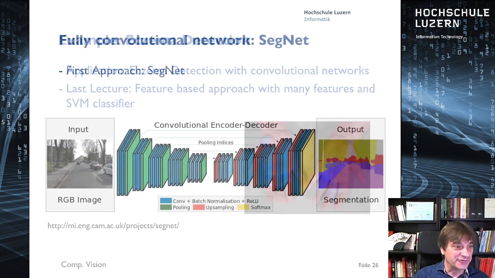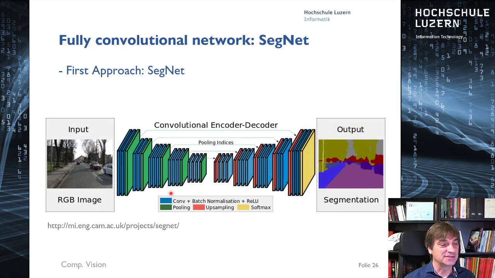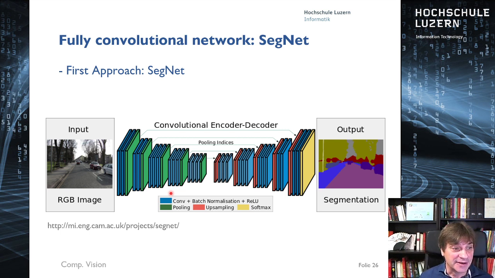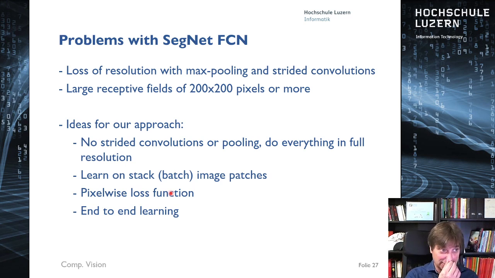With some first methods, we had an approach with the fully convolutional SegNet that we have seen before. There was also a master's thesis on it, but unfortunately we didn't get that good a result by just using that architecture. Why?